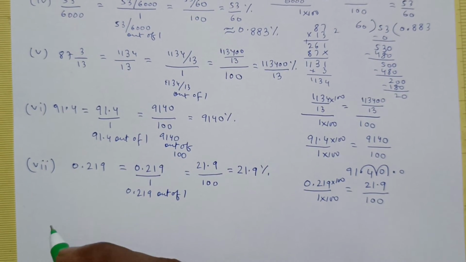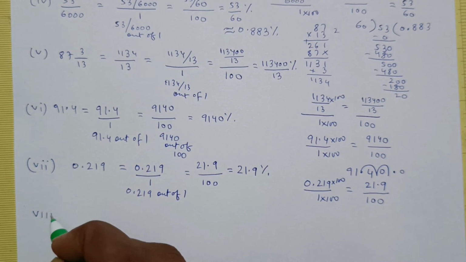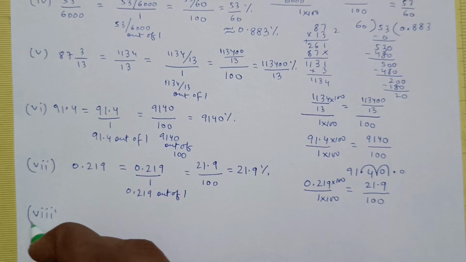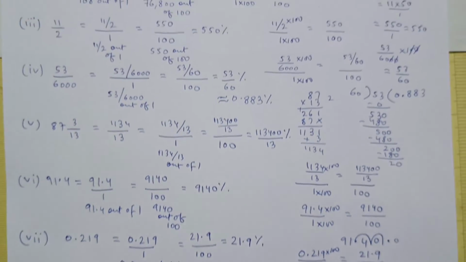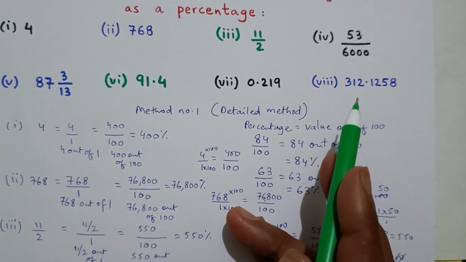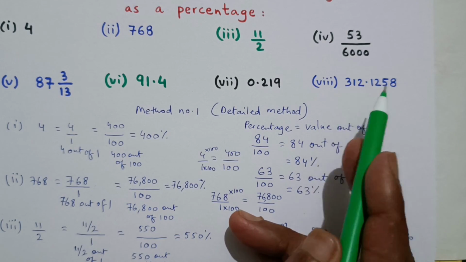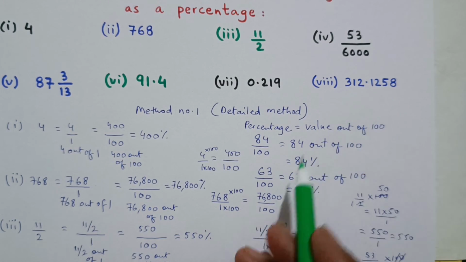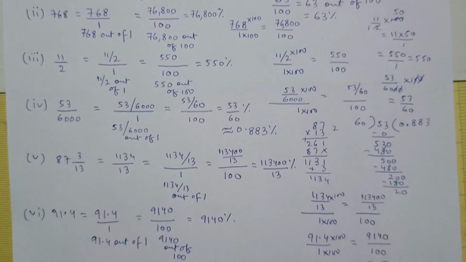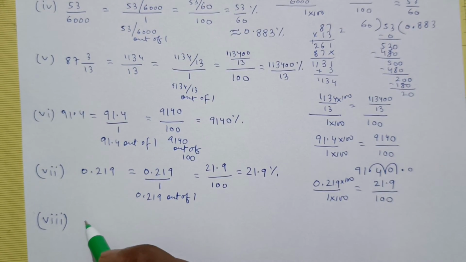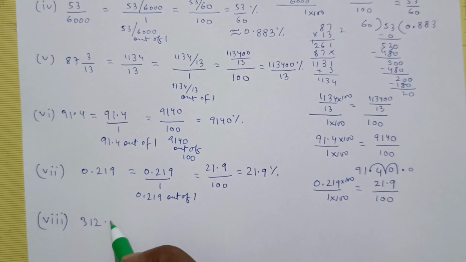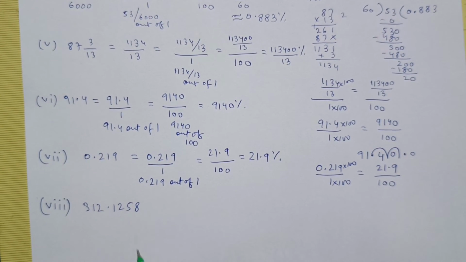Now let us go to the last question, question number 8. 312.1258. We have to convert this number to a percentage. So how much is this in percentage form?